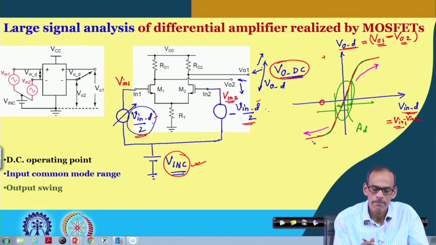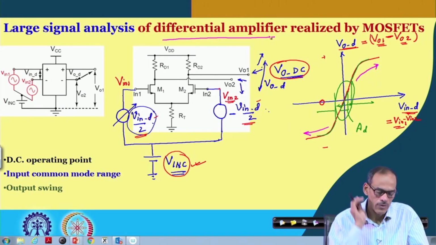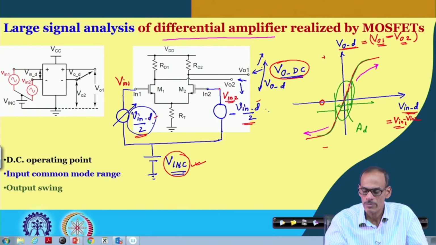So, the basic differential amplifier structure can be used both for amplification purposes for analog application, as well as for a comparator.